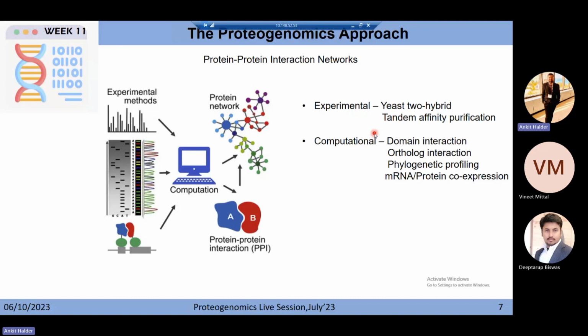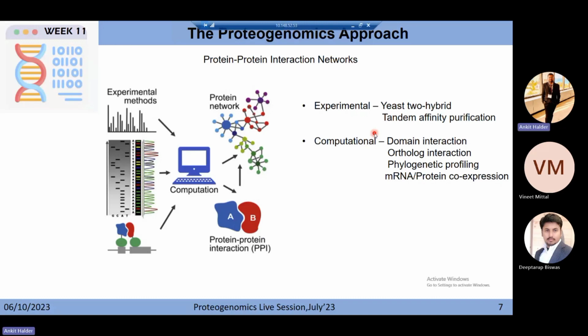Similarly, there is mRNA or protein co-expression. If a protein shows co-expression with certain proteins, then it is highly likely that the two proteins are getting highly expressed at a particular time, so it's highly likely that the two proteins will interact with each other.